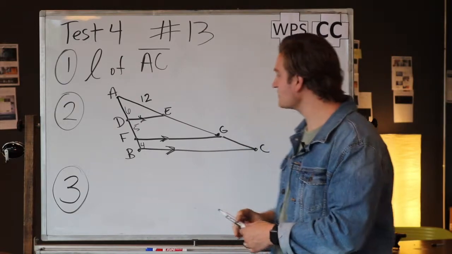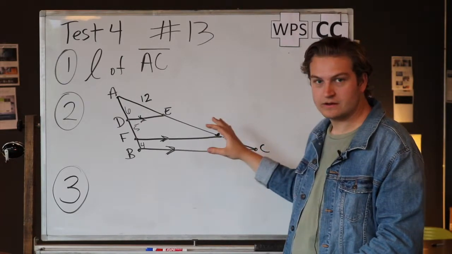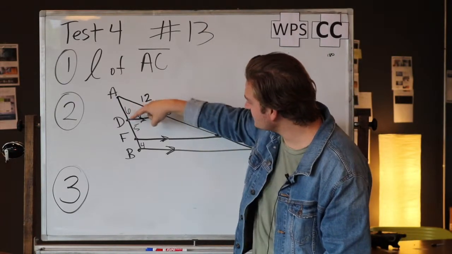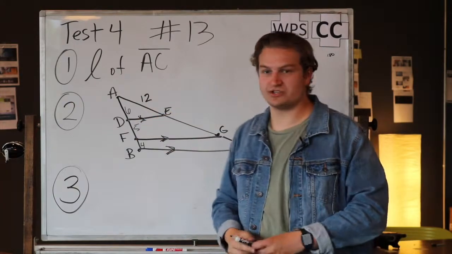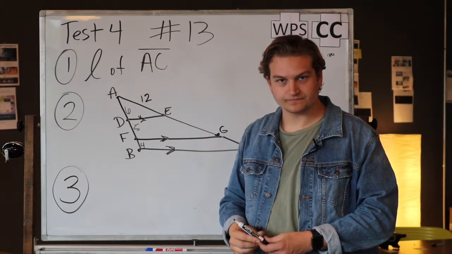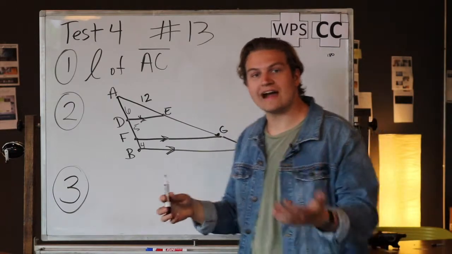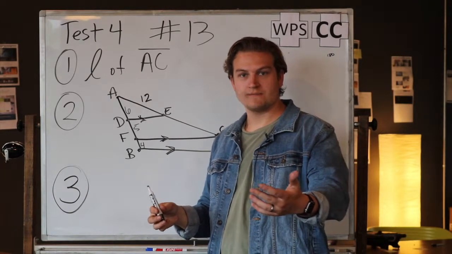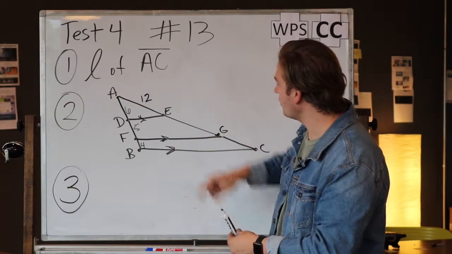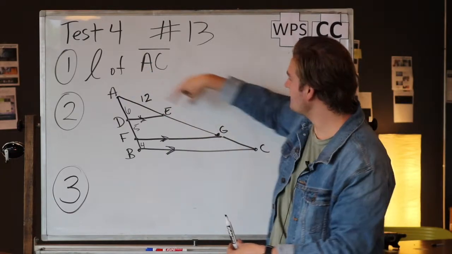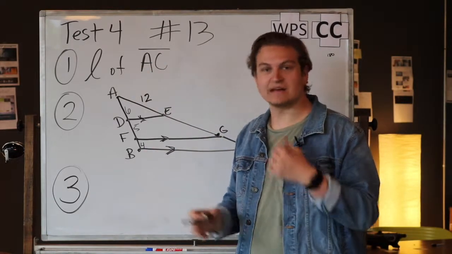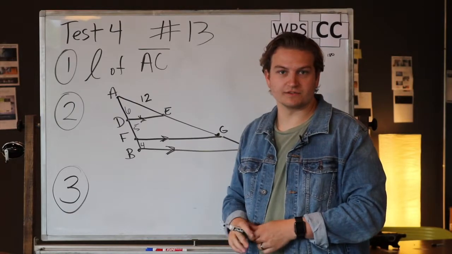It means that we can actually write a proportion using the lengths on the outside edge of this triangle. So how could we craft a proportion that would allow us to solve for the length of AC? That's how we're going to solve this problem.